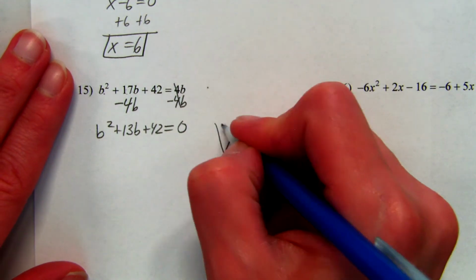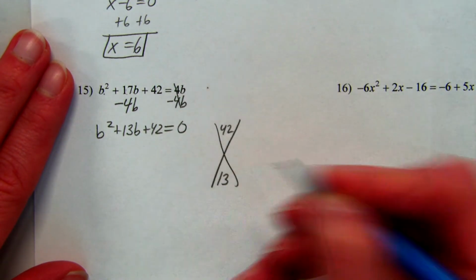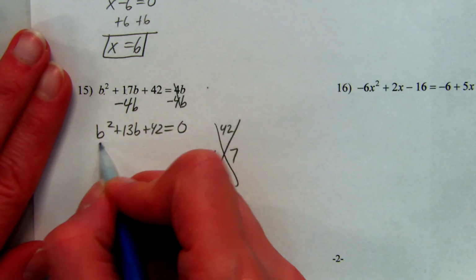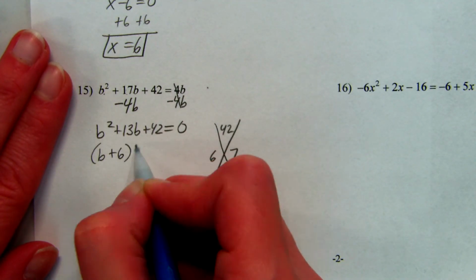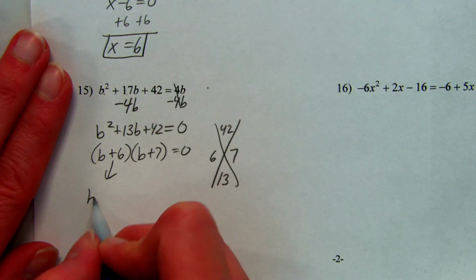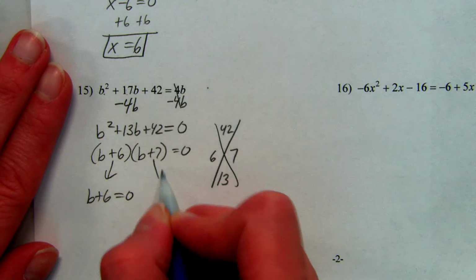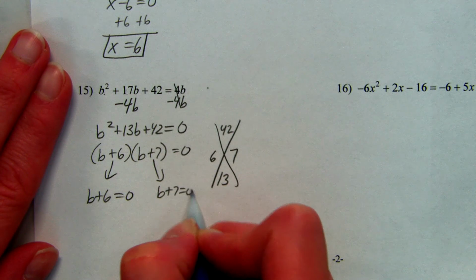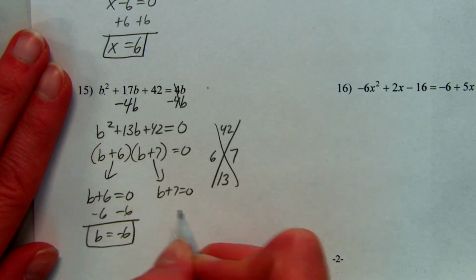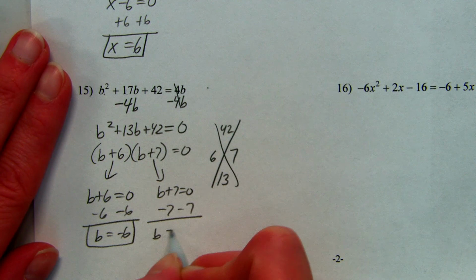So multiplies to make 42, adds to make 13, so that would be 6 and 7. So b plus 6 and b plus 7, and we solve from there. So b plus 6 equals 0, b plus 7 equals 0. So we will get negative 6 and negative 7.